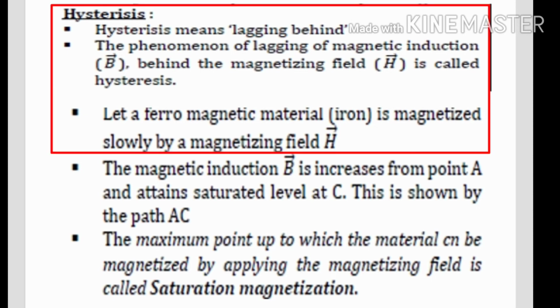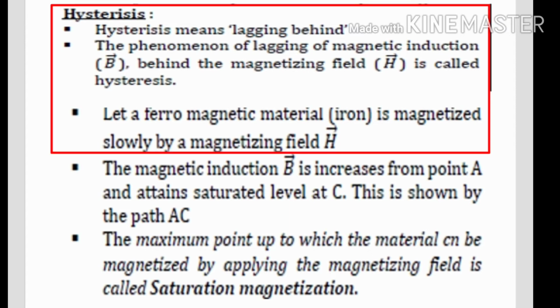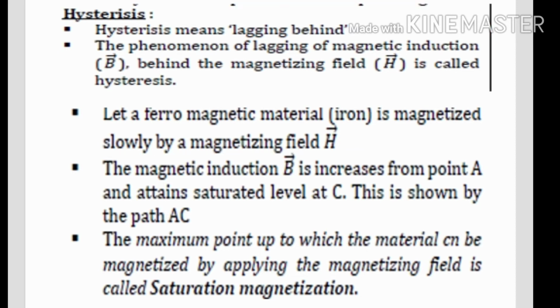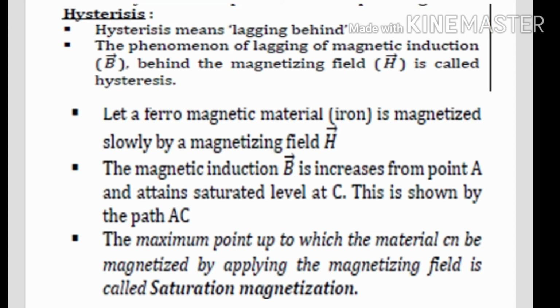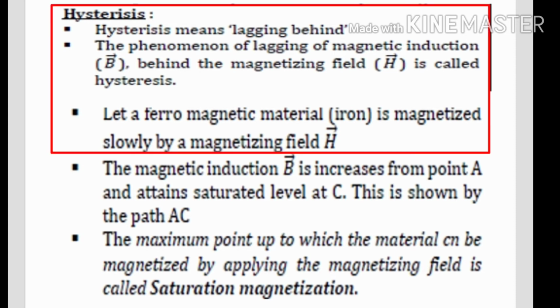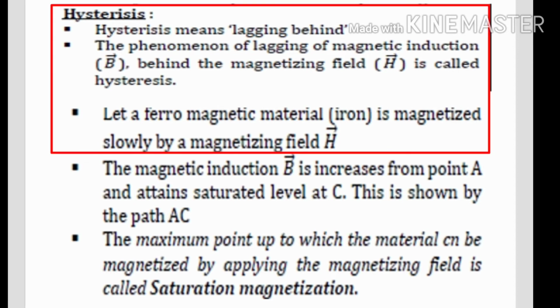Next one is hysteresis. What is meant by hysteresis? Hysteresis means lagging behind. The phenomenon of lagging of magnetic induction B vector behind the magnetizing field H vector is called hysteresis. Let a ferromagnetic material like iron be magnetized slowly by a magnetizing field H vector.